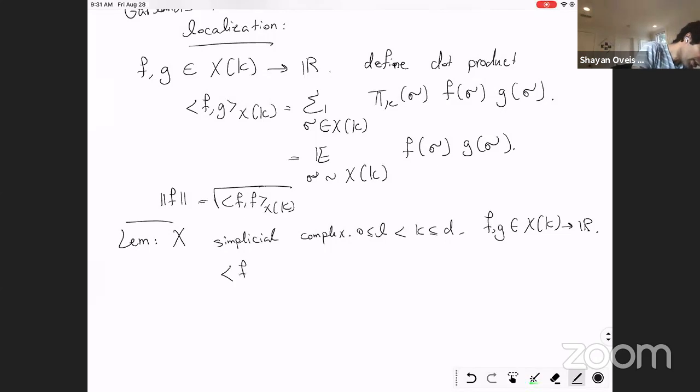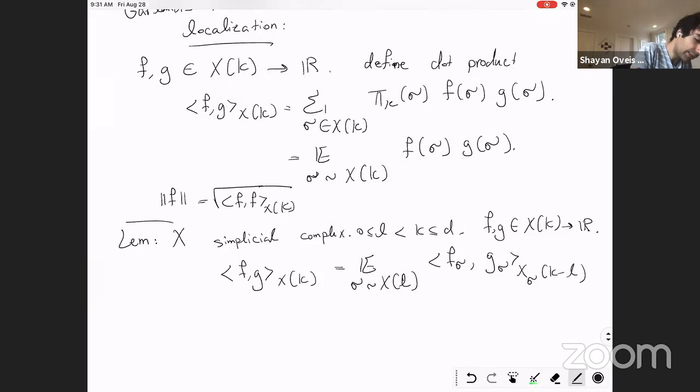Here's the point. I'm interested in the dot product of f and g. I'm saying it's equal to the following. You first sample sigma from XL, and then you look at f of sigma, g of sigma, with respect to X of sigma of k minus L.